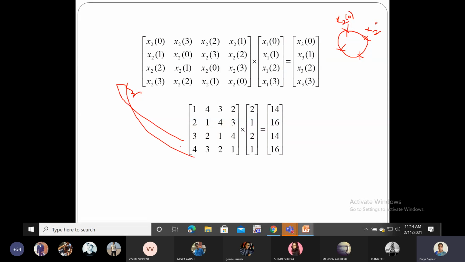When I shift x2, x2 of 3 will come into the x2 of 0 position, and the one which was here will shift here, and the one which was here will shift here. This way keep on shifting the positions.